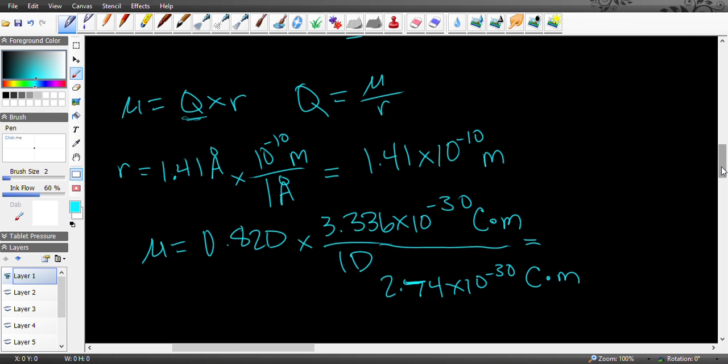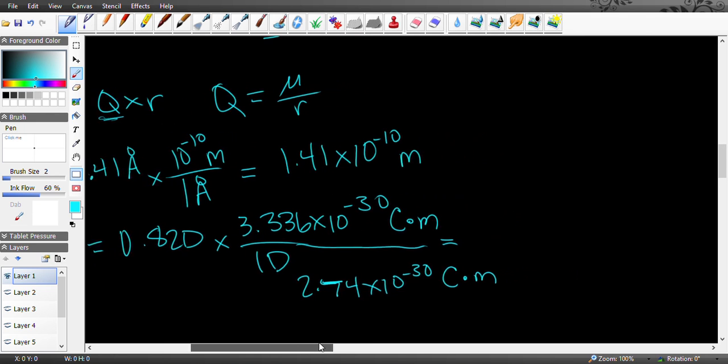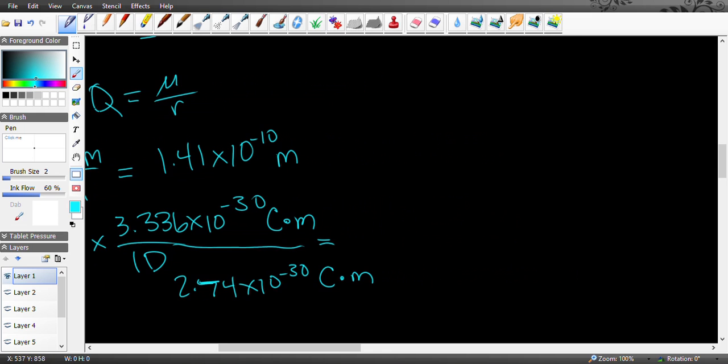All right. So, moving on, we know that Q equals that divided by that. And then I'm going to add an extra step. So we're going to be in coulombs. 1 electron, which is the charge, is 1.6022 times 10 to the negative 19 coulombs, right?